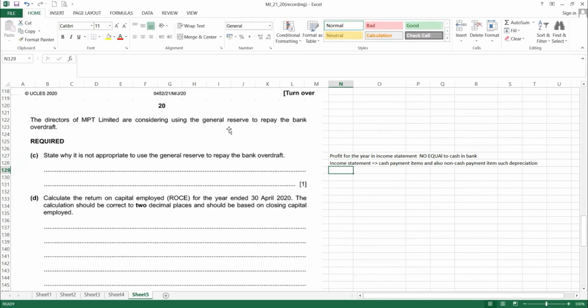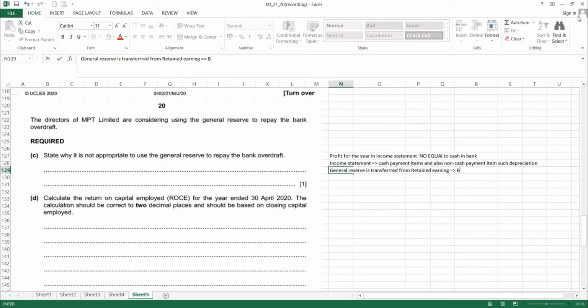So that's why, if the general reserve is transferred from the retained earnings, it will have the same problem.